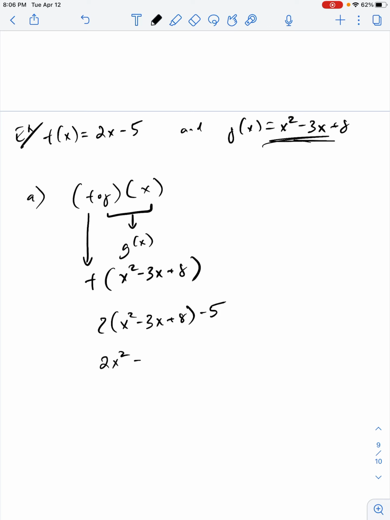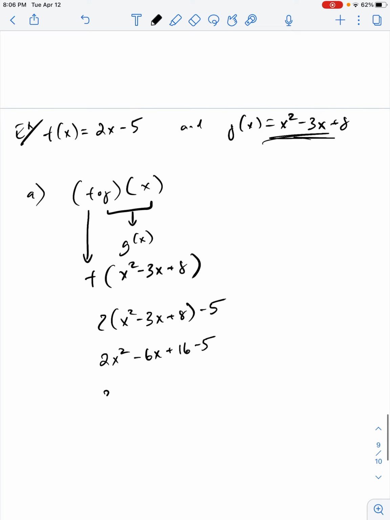We distribute: 2x squared minus 6x plus 16 minus 5. Combine like terms, 2x squared minus 6x plus 11. Right, so if we don't have any numbers and we just have a variable like x, we can still do it. We're just plugging in that whole g function into f.